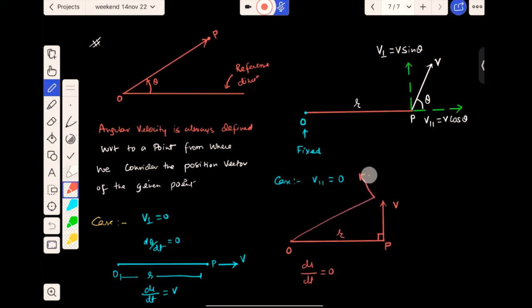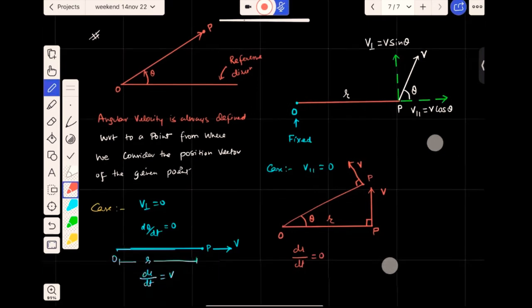So after some time, if I see, the velocity will still be perpendicular to the line joining them. It is going around the point O without going away from it, without going towards it. So in this case, suppose I want to determine the rate at which this angle changes.